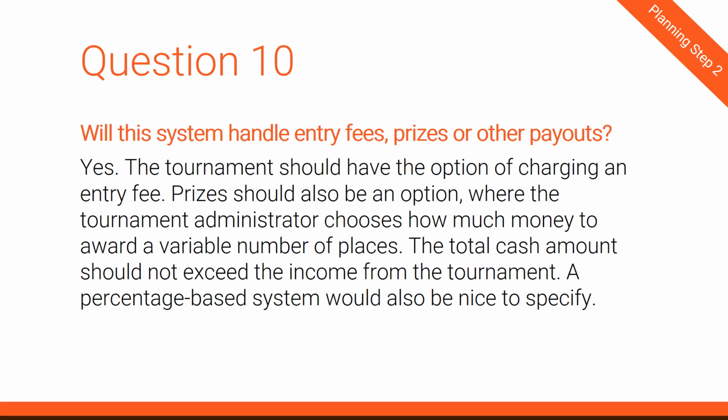So we could do that in this existing system, or we could divide everything up, or the tournament owner, the guy that's running the tournament, could just be taking his cut. So he says, I'll give out half of the overall income of the tournament, and I'll pocket the other half as my fee for running the tournament. Who knows?